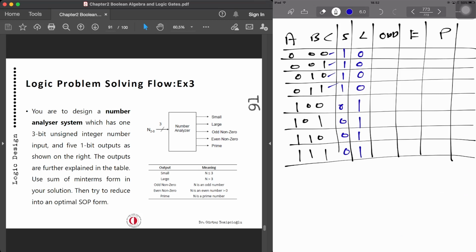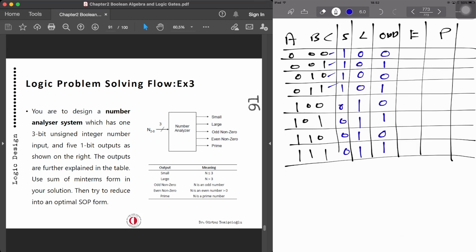And odd means N is an odd number and it has to be non-zero. That means 1 is odd, 2 is not, 3 is odd, 4 is even, 5 is odd, 6 is even, and 7 is odd.